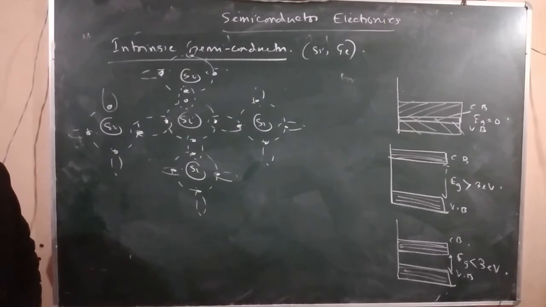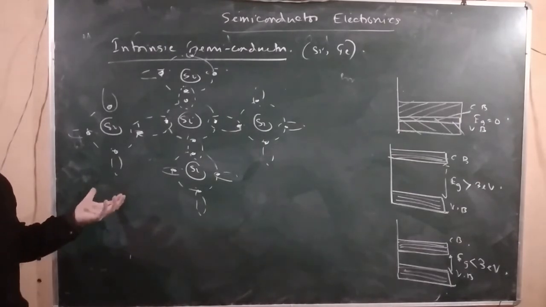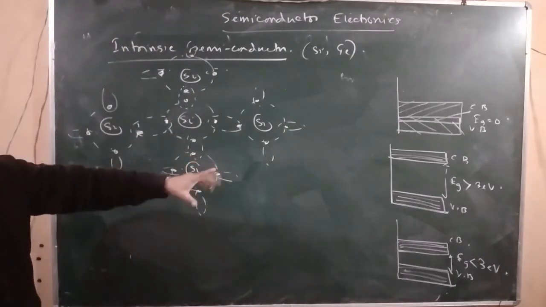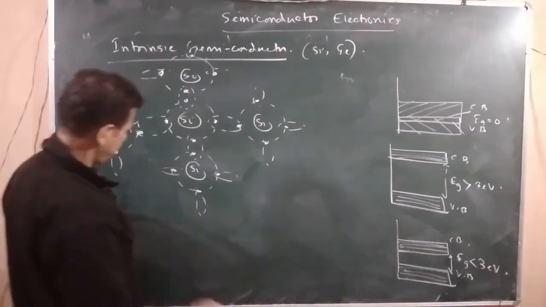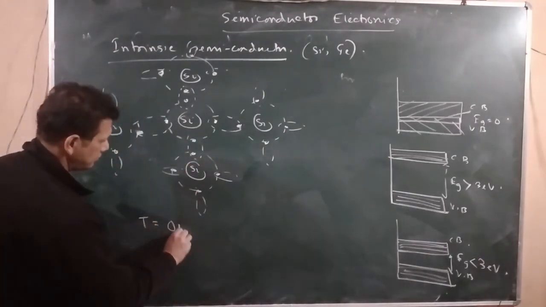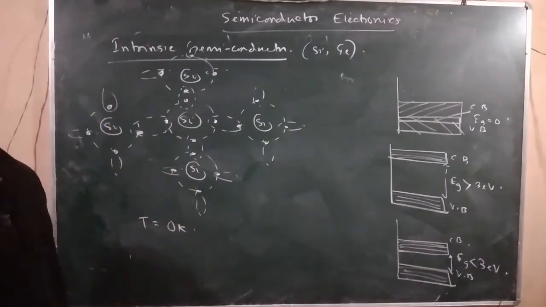Now, what will happen if the temperature is at absolute 0? Suppose a particular crystal is kept at absolute 0 temperature. When the temperature is equal to absolute 0 Kelvin, what will happen?